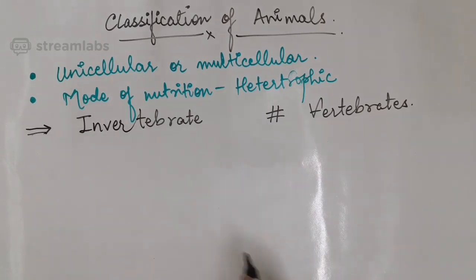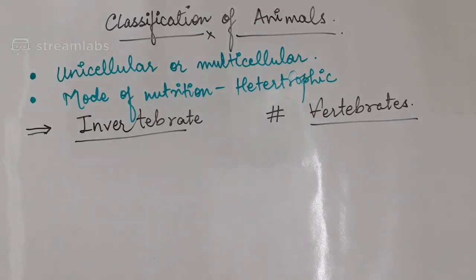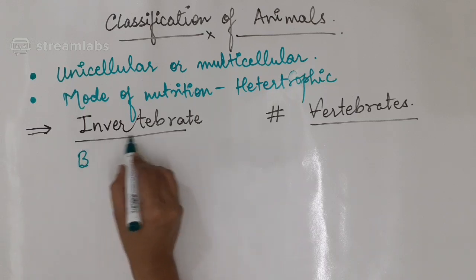Vertebrates and invertebrates, these are the two forms of animals in which the main difference is the presence and absence of backbone.